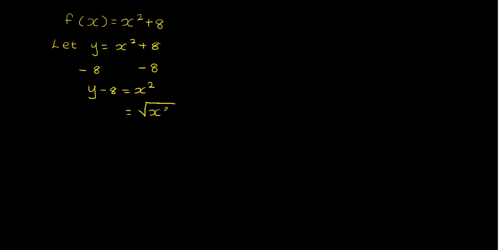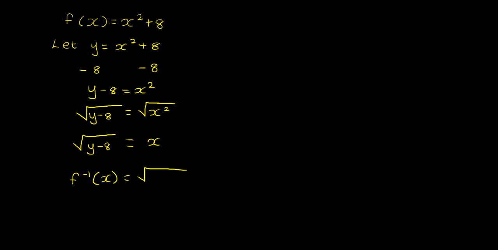The opposite of squaring is square root. That gives me x is equal to the square root of y minus 8. So when I write this as an inverse function of x, that'll be the square root of x minus 8.